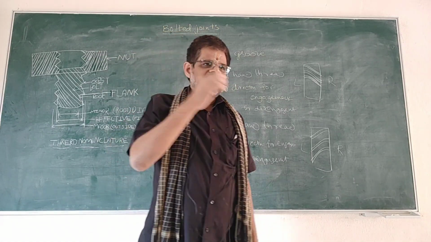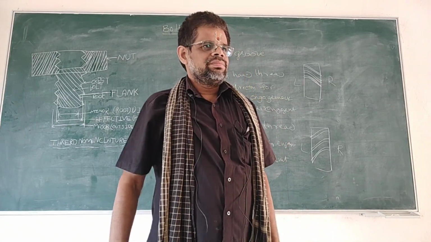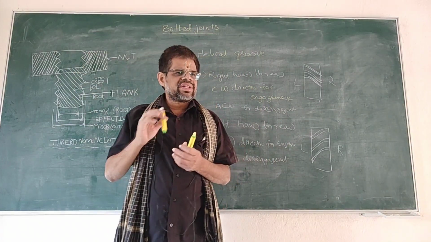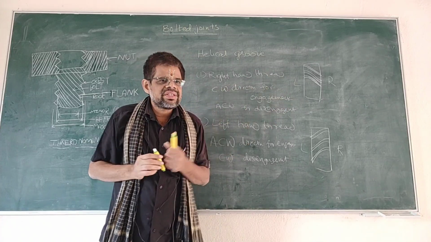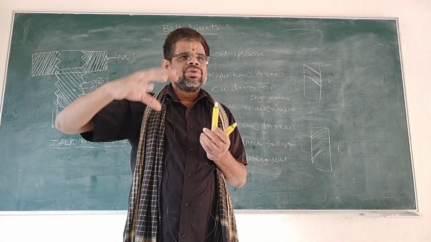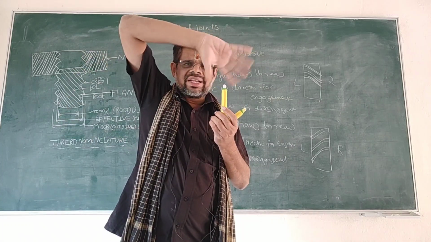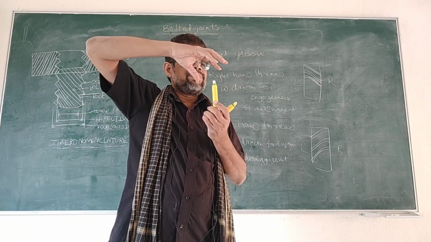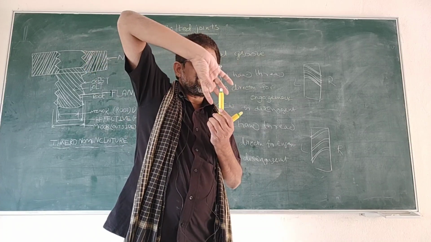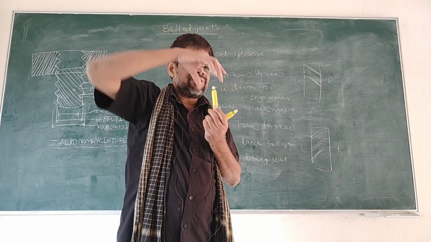By accident, you may swap it anytime. So, in order to avoid that, one of the valves is provided with left hand thread and the other valve is provided with right hand thread. So what happens in that case? If you use the correct valve only, then you can tighten it. For example, this valve is right hand threaded, so you have to rotate in clockwise direction only. Then it will be tightened.